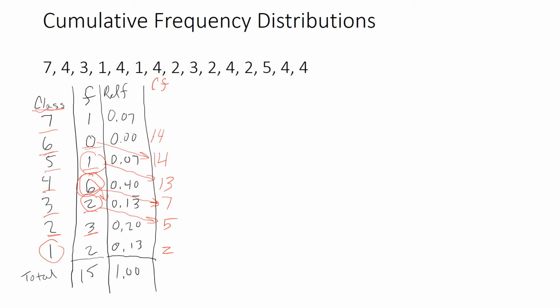Because remember, it's in this class, and all the lower ranked classes. Then we get to the class of 7, right? Class of 7 here with a frequency of 1 plus the lower ranked classes, which would give us a cumulative frequency of 15.